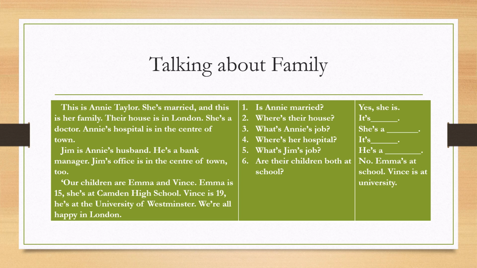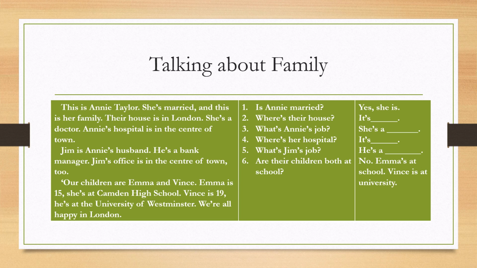So that's the answer. She's a doctor. Remember, when you have a profession, you need the article, whether it's a or an. Where's her hospital? Let's look again at the text, and it tells us it's in the center of town. What's Jim's job? It tells us in paragraph 2, he's a bank manager.